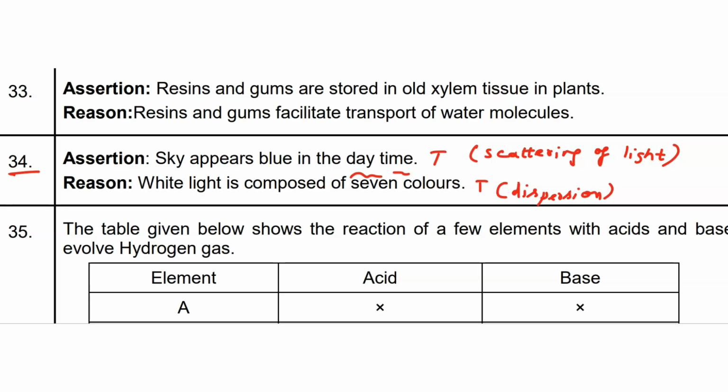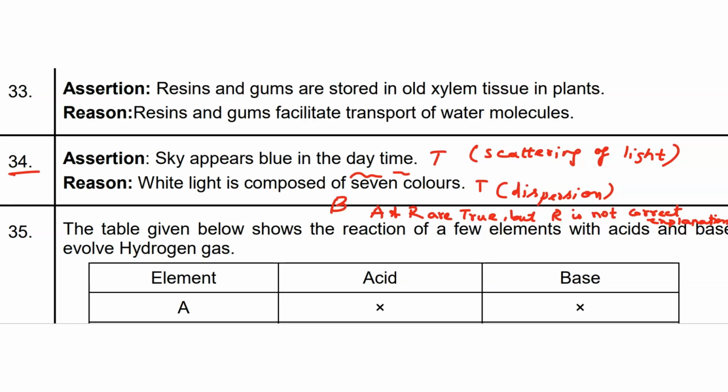So A and R are correct, but R is not the correct explanation for A, because both are talking about different phenomena. So the answer for this question is B. A and R are true, but R is not the correct explanation of A.